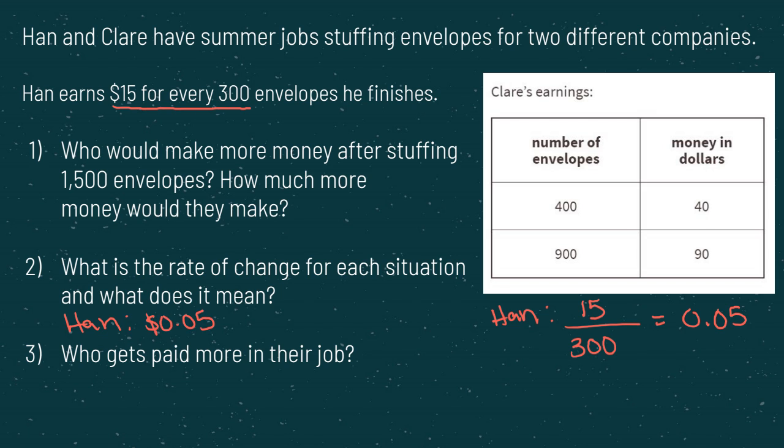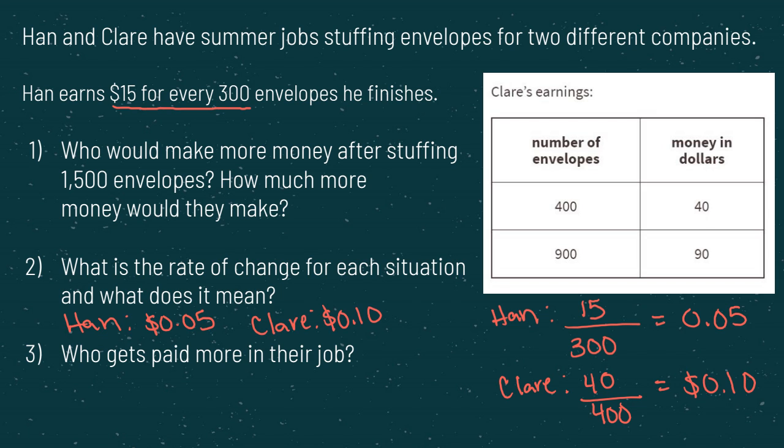Now, for Claire, I'm going to do the same thing. First, she makes $40 per 400 envelopes. So same thing. If I do 40 divided by 400, what do I get? You should get 10 cents or 0.10. So Claire's is 0.10.